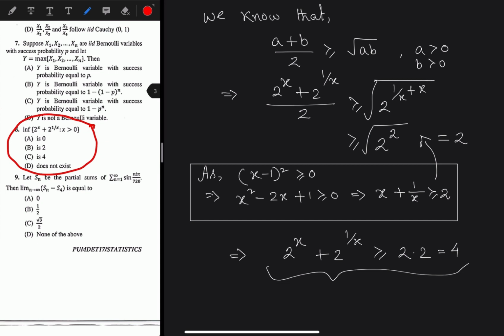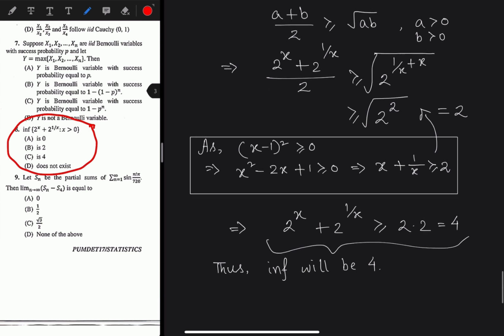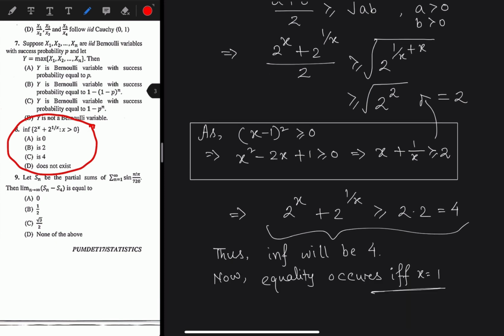So 2 to the power x plus 2 to the power 1 by x is greater than or equal to 4. So thus the infimum will be 4.